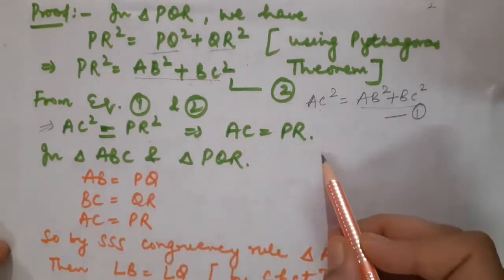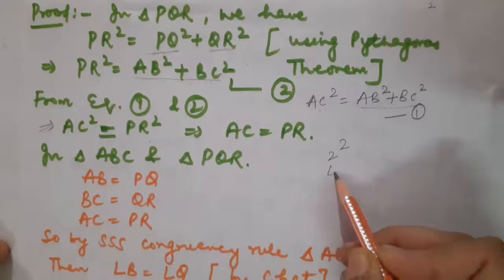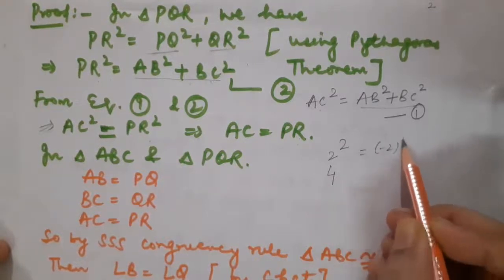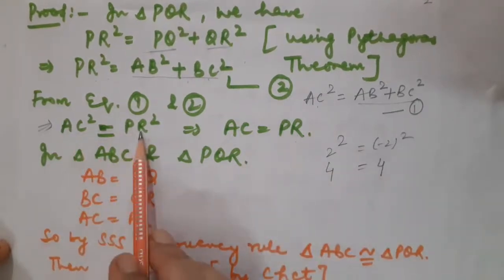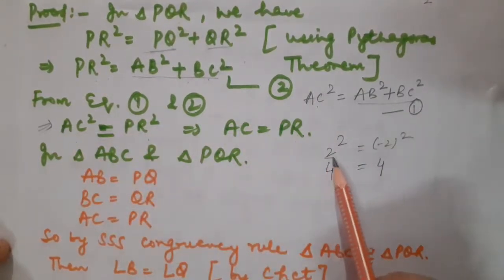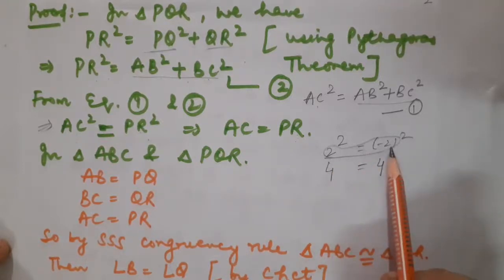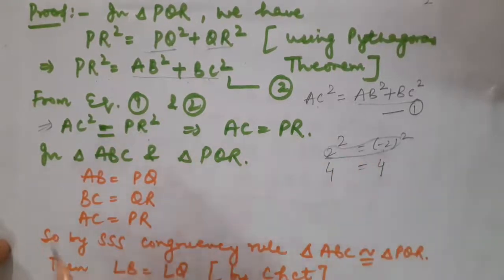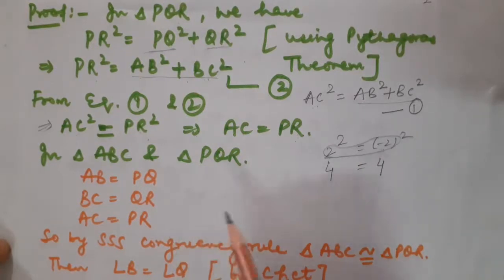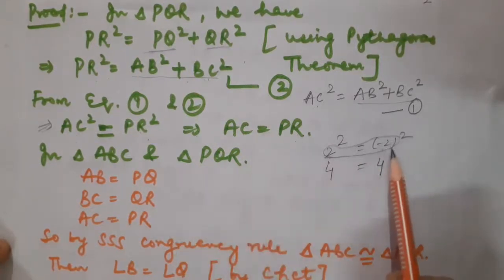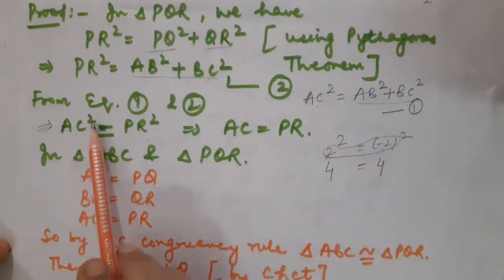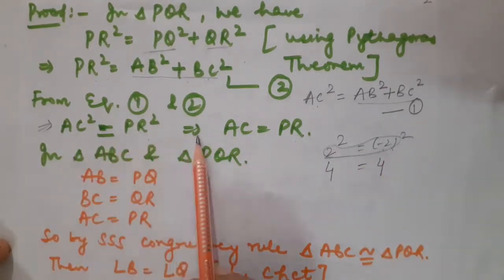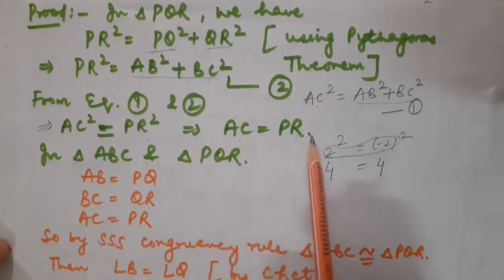For example, if I have taken 2 square which is 4 and minus 2 square which is also 4, though the squares are same, you can think that the values are not same. Here the value is 2 and here the value is minus 2. But children, always remember we are going to deal with the side of the triangles, and the sides can never ever be negative. That's why we have concluded as AC square is equal to PR square. So we can say that AC must be equal to PR.